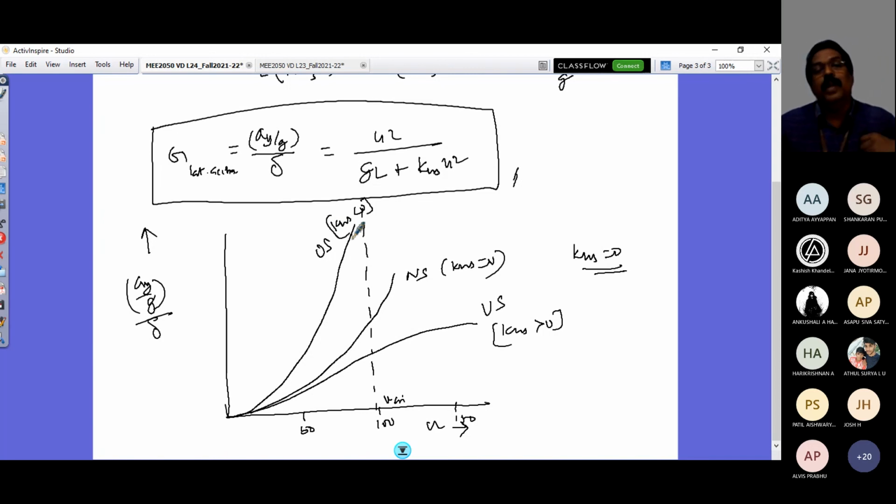So what you can do, with these three equations that we had, you can use an Excel sheet or your MATLAB, define this function and vary it, and you can plot this as a function of speed, and you see these characteristic plots, right? If you choose different vehicles, for example, of the same brand, hatchback, sedan class or SUV, the vehicle parameters would decide this KUS value.